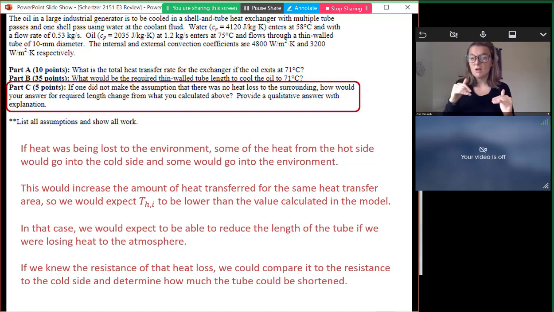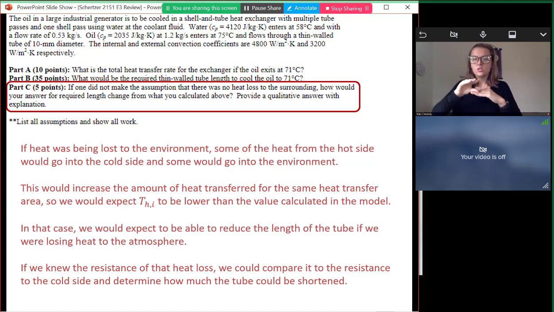So basically, because we have a second heat sink, we would expect more heat transfer, and so we'd need less heat transfer area. If we knew the resistance of that heat loss, like a heat transfer coefficient on the outside of the heat exchanger, or an insulation thickness, you could find a net resistance to the outside world.